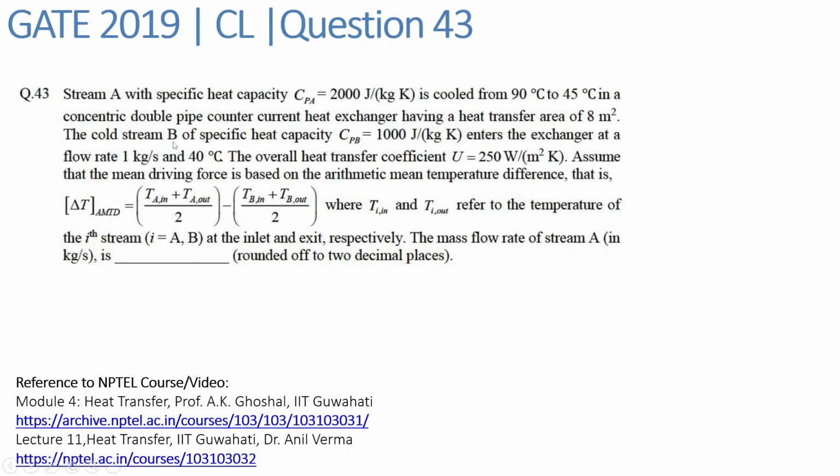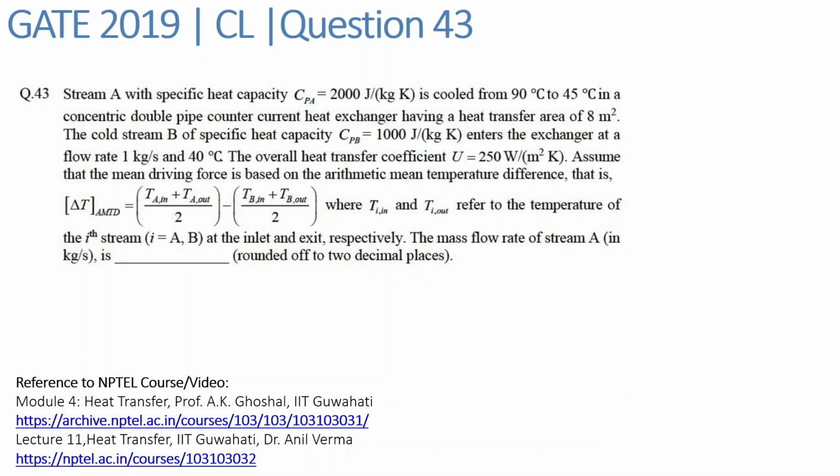The cold stream B of specific heat capacity CPB is given as 1000 joule per kg Kelvin. It enters the heat exchanger at a flow rate of 1 kg per second and 40 degrees Celsius. The overall heat transfer coefficient U is given as 250 watt per meter square Kelvin.